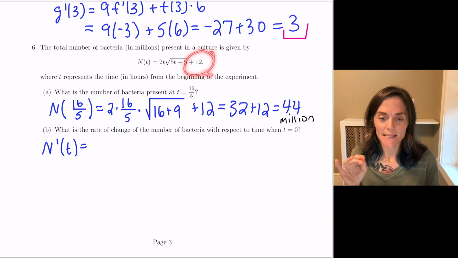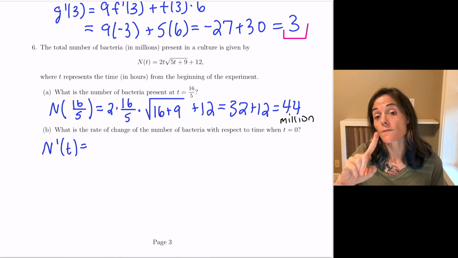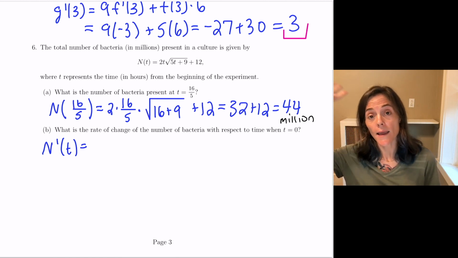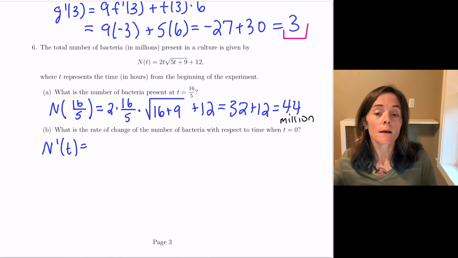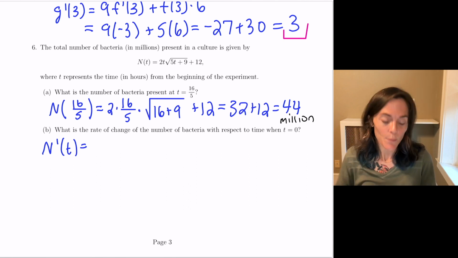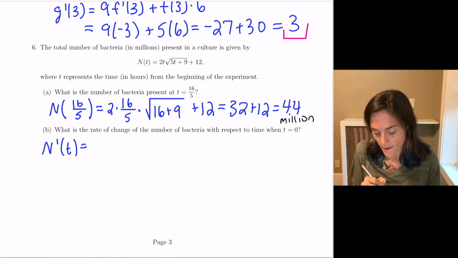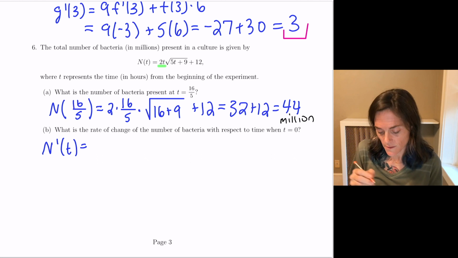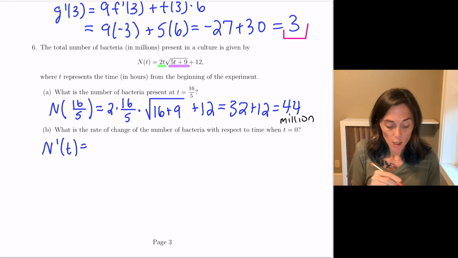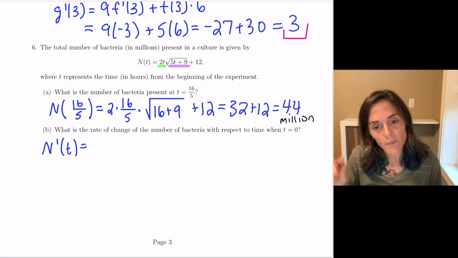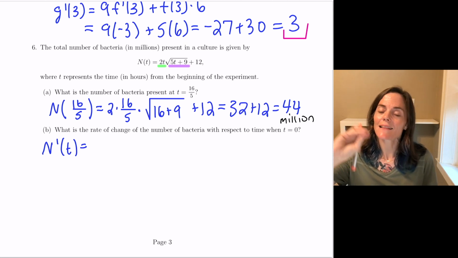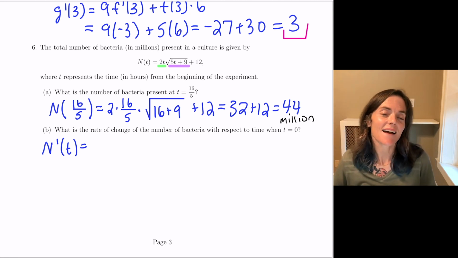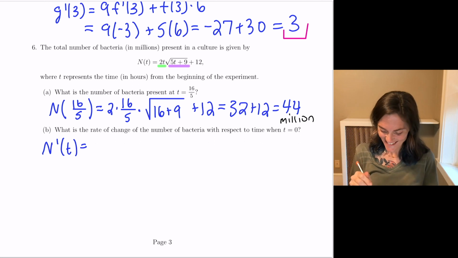This is a constant, but you see what I'm looking at the first part, 2t times this square root. Fundamentally, this is a product. Oh, I'll underline. First, second. So I need to use a product rule. Then when I go to differentiate the square root 5t plus 9, chain rule.